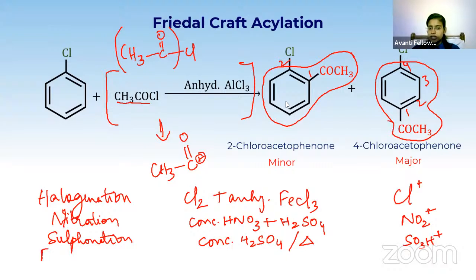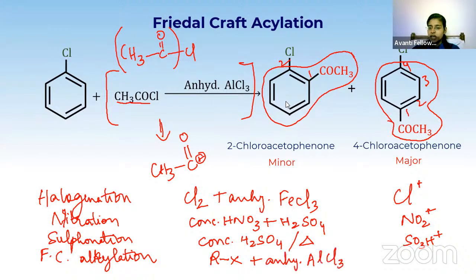And in case of Friedel-Crafts alkylation, we will use some alkyl halide, RX, in presence of anhydrous AlCl3. So here the R which we are taking will act as an electrophile.